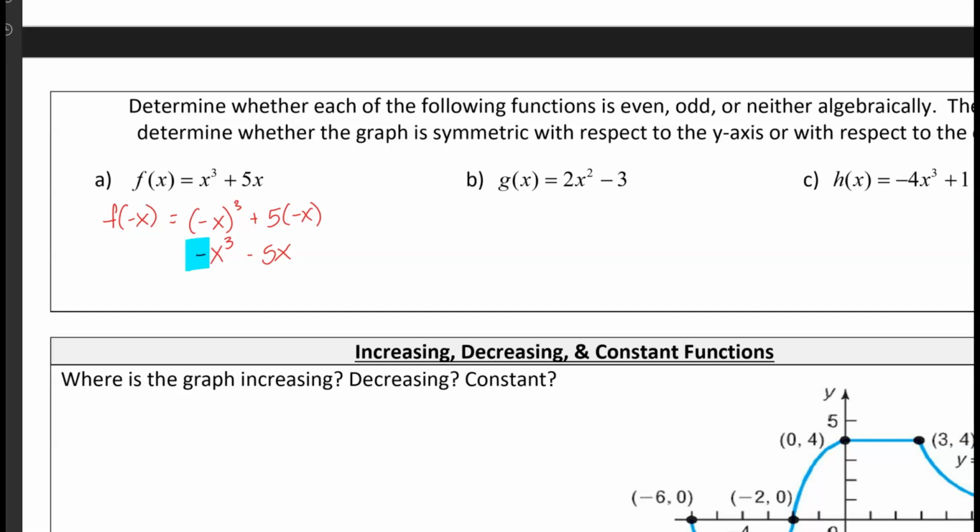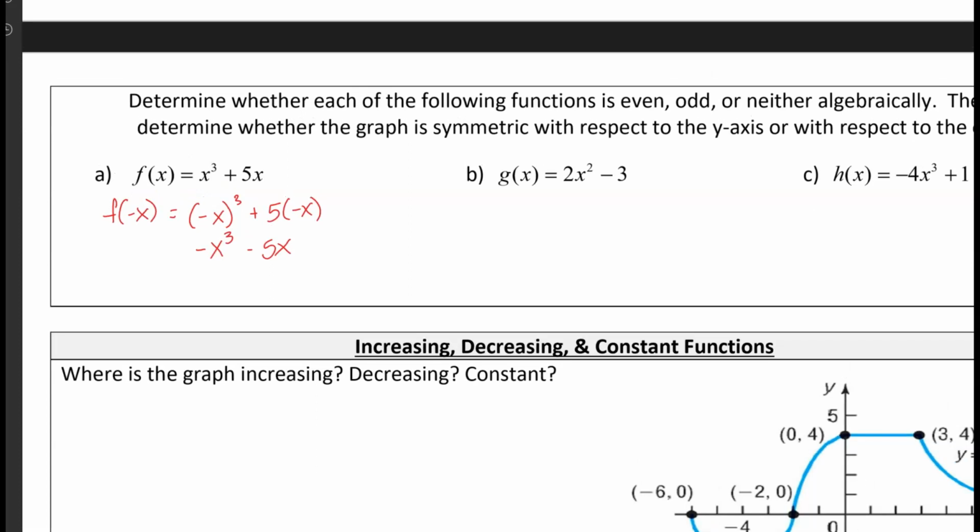This new function and also the original. Yes. So, are these two the same? Exactly. You guys got it. Are they the same? No, right? The bottom one we just found, f of negative x, has 2 negatives in it. That's not like the original. So this is not even. We now need to check for it being odd.